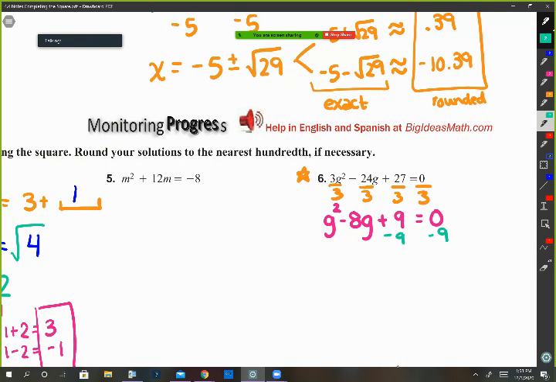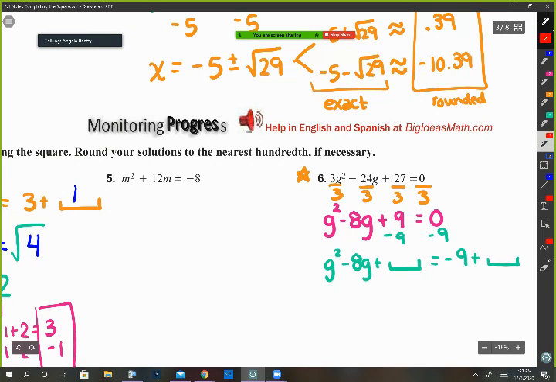So this is going to be g squared minus 8g, plus what goes in here, is equal to negative 9. And remember, if I add it to the left, I also have to add it to the right. So what number do I end up adding to both sides? We take the middle term, divide it by 2, and square it.